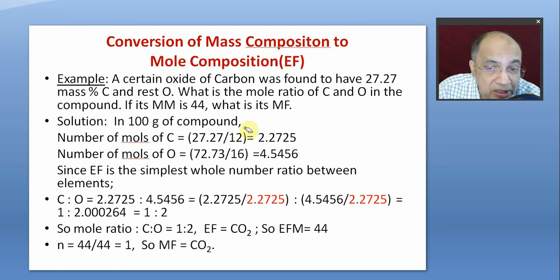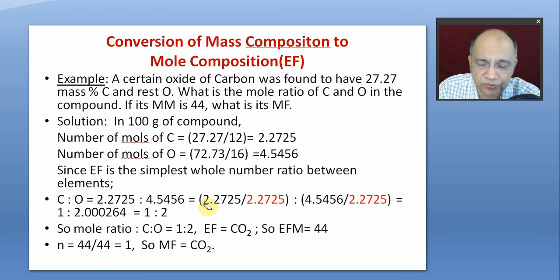Mass divided by the gram atomic mass will give you the number of moles of carbon atoms. So in 100 gram, there are 2.2725 moles of carbon atoms. And oxygen will be its corresponding percent, 72.73, divided by its atomic mass. So in 100 grams, carbon is these many moles, oxygen is these many moles.